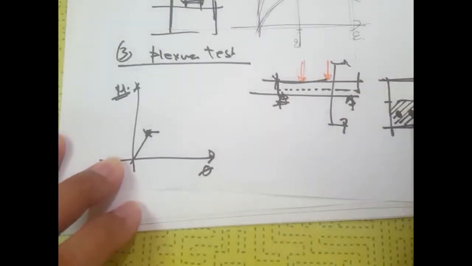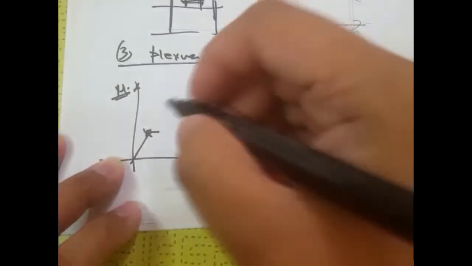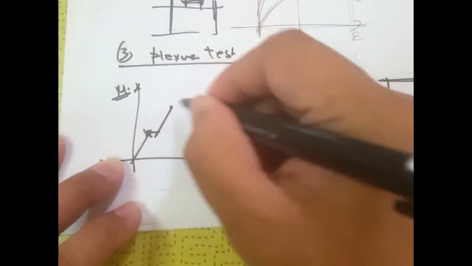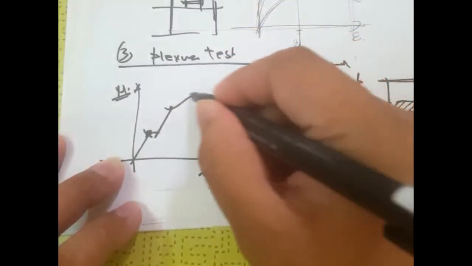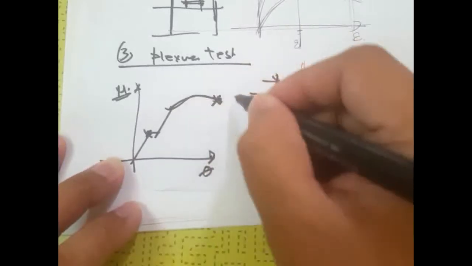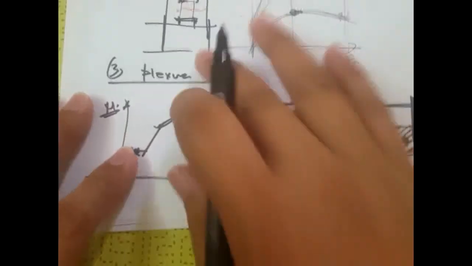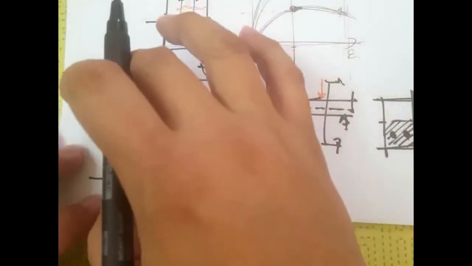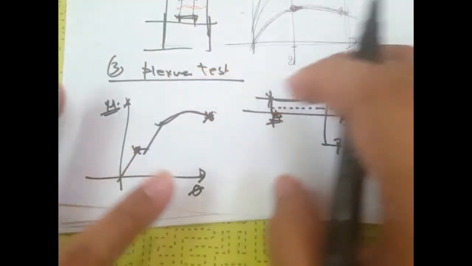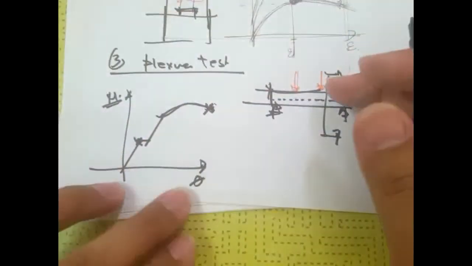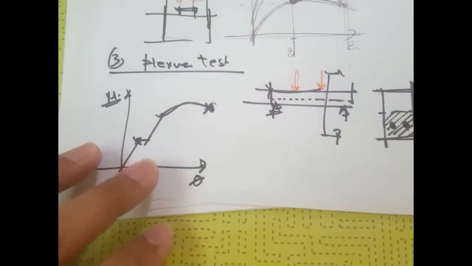So at that point it's only the steel reinforcements that will carry the tensile stresses, and then it will have this deformation, something like this, and then it will break. Okay, so the point here is that whatever test we do, we can plot it out in terms of the forces and deformations or stresses and strains.